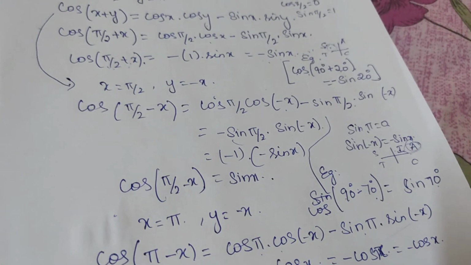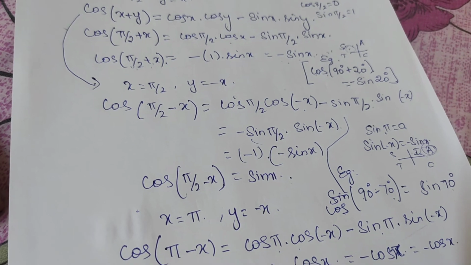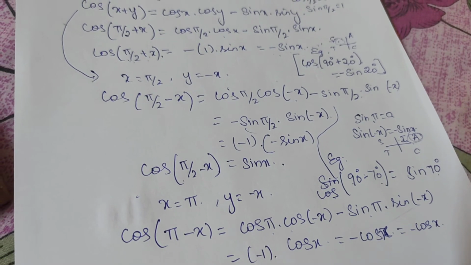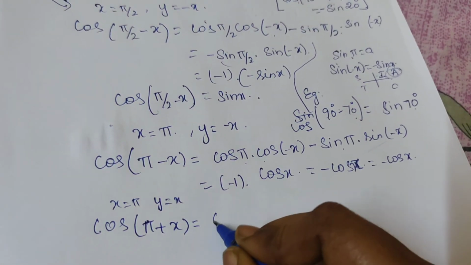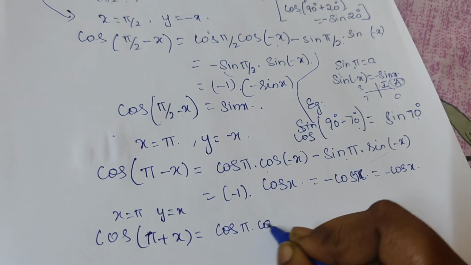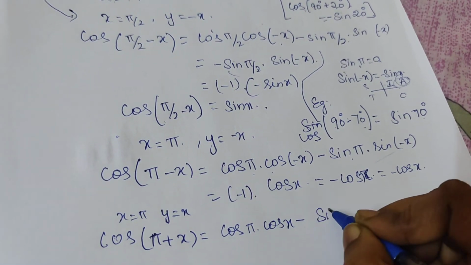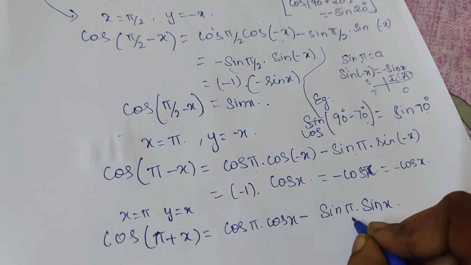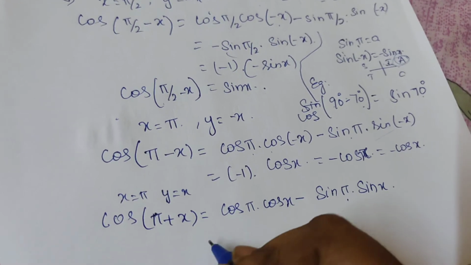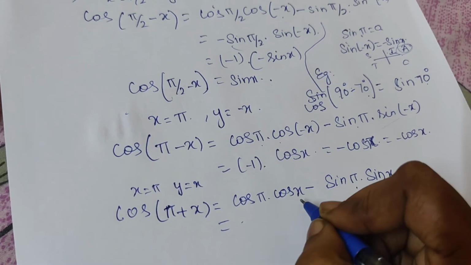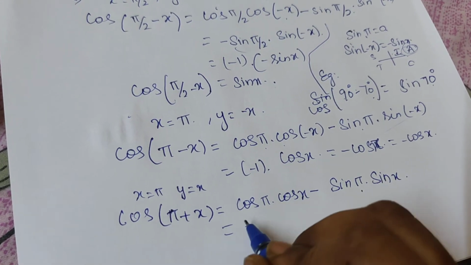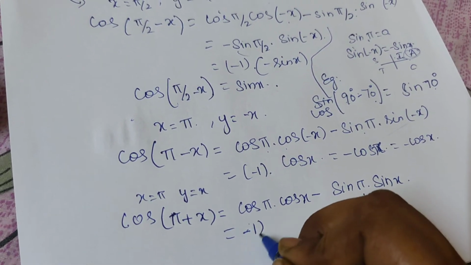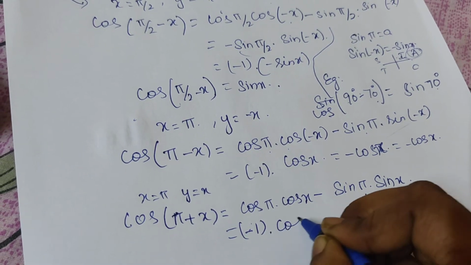Again, substituting into the result, we will get cos pi cos x minus sin pi sin x. Again sin pi value is 0, so this term vanishes, so we will have cos pi and cos x. Again this cos pi value is minus 1, so we will have minus 1 cos x.